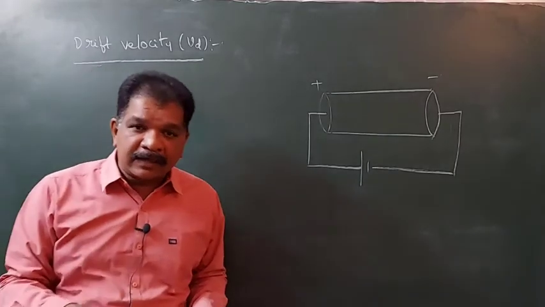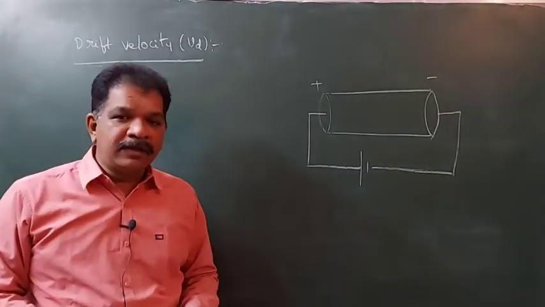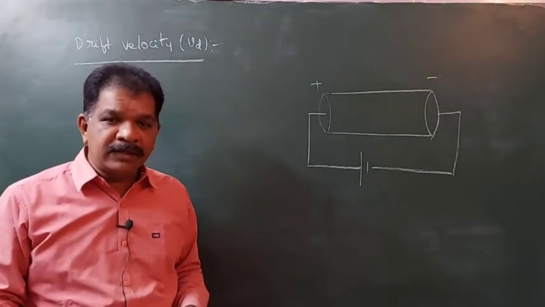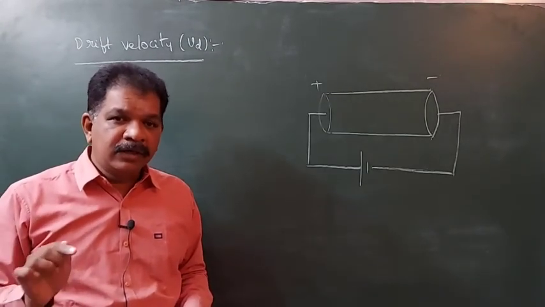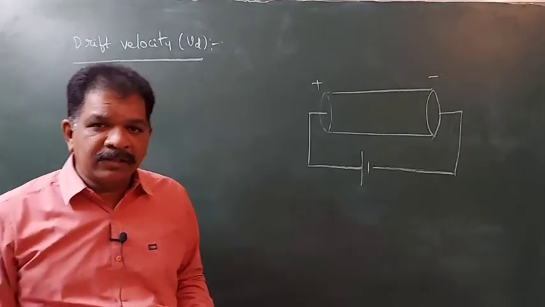Then the electrons in the conductor will gain some velocity. That velocity will be called the drift velocity. So what is meant by drift velocity?